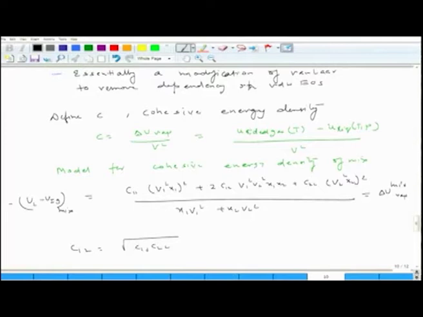So, this is the model considered by the Scatchard-Hildebrand theory.